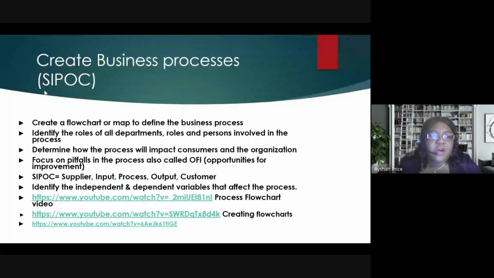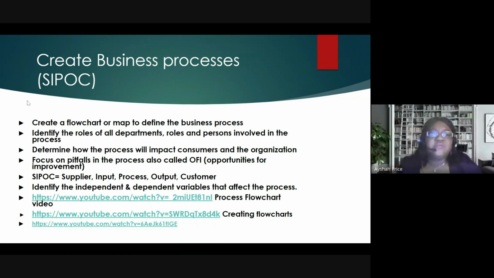Right now, we are talking about a new process called SIPOC. The S stands for supplier, the I stands for input, the P stands for process, the O stands for output, and the C stands for customers.